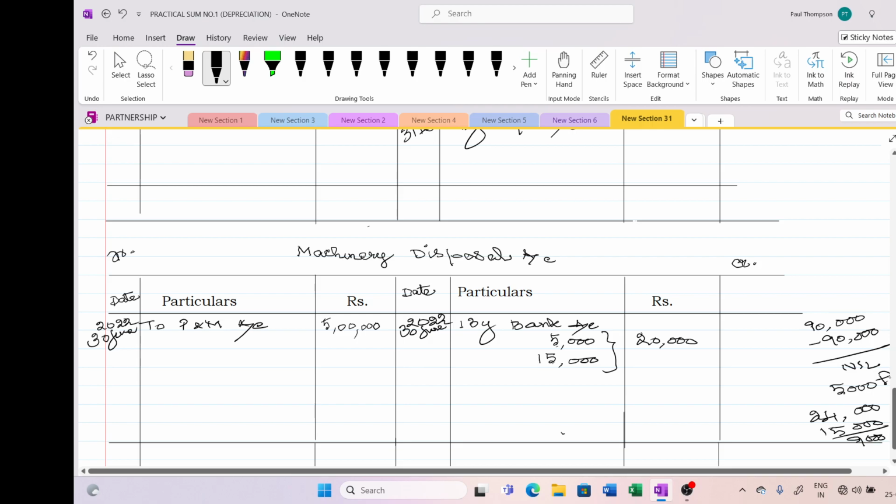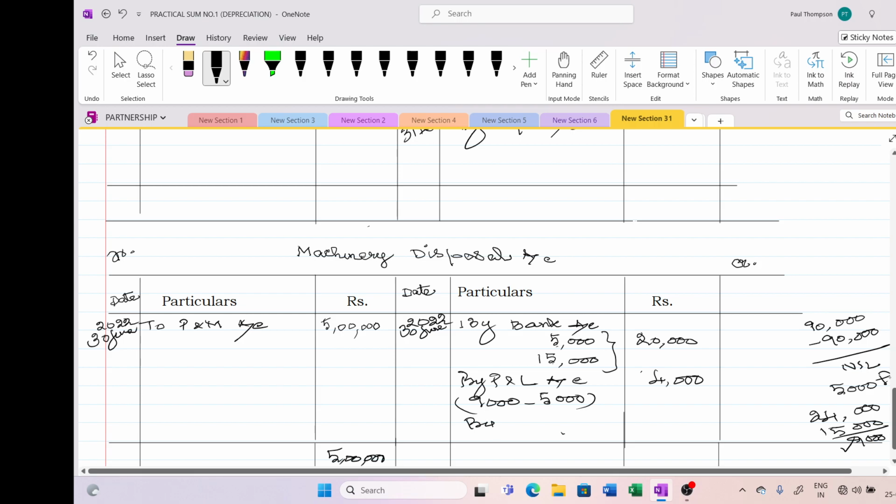So I am netting off this loss and the profit. I am making it by P&L account. It is a loss. P&L account, 9,000 loss, 5,000 profit. So there is a net loss of 4,000. Now the balancing, always you know that this total amount will go out because this is sold or scrapped, whatever it is, the machine cost will go.